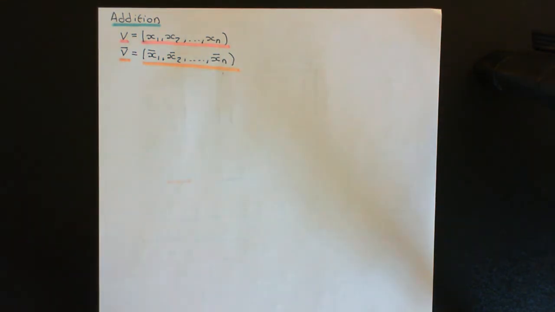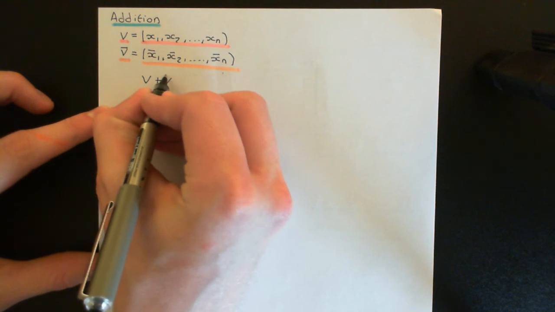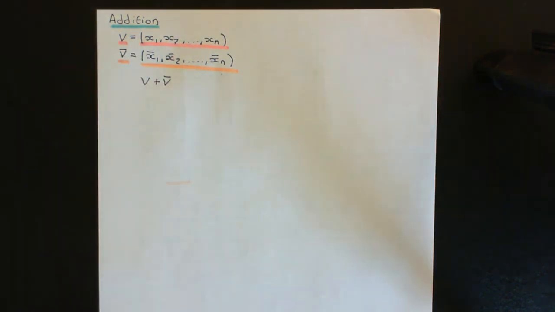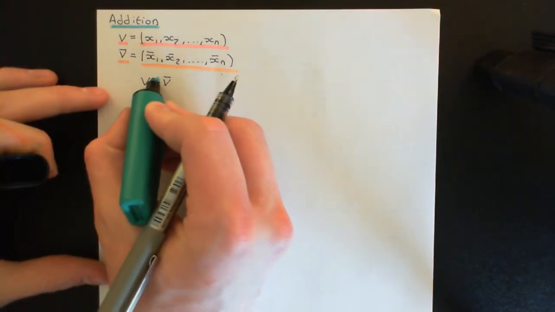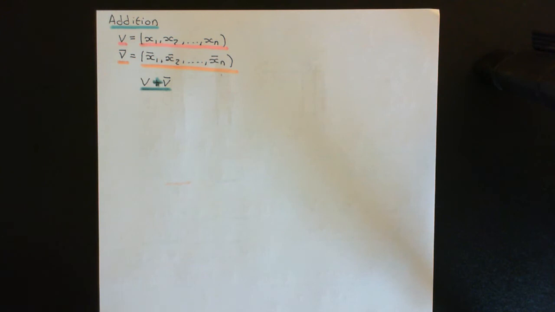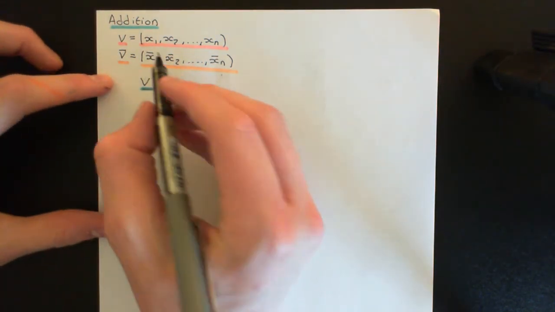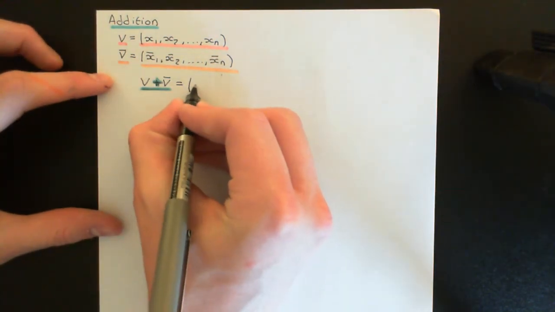Now what I'm going to do is define how to add these two symbols together. How am I going to add v to v bar? It's just done using the intuitive way. This is addition in the vector space. The way that you're going to do it is you're just going to add the components using the field addition.